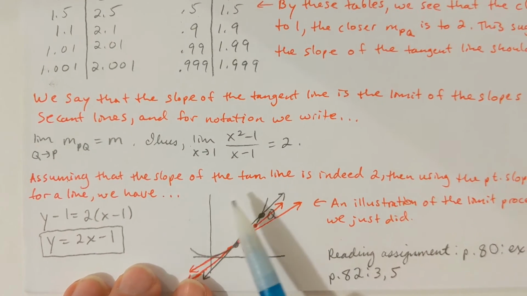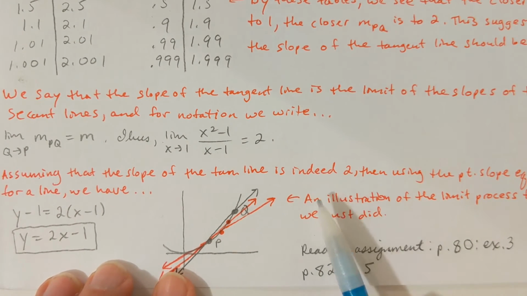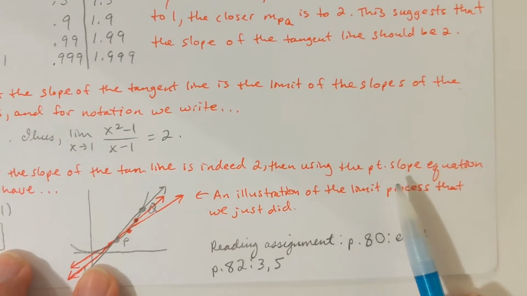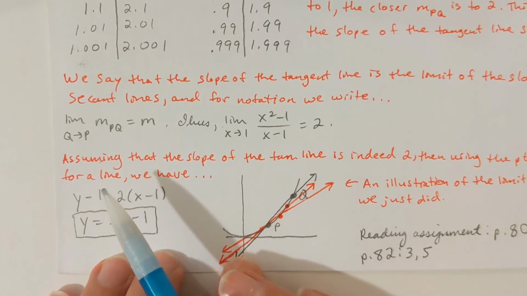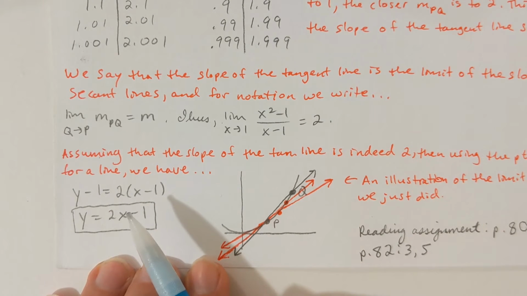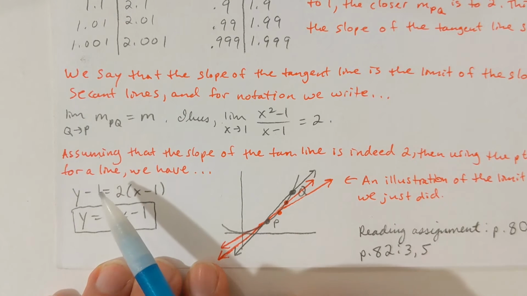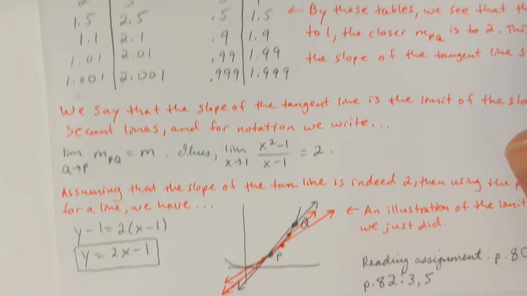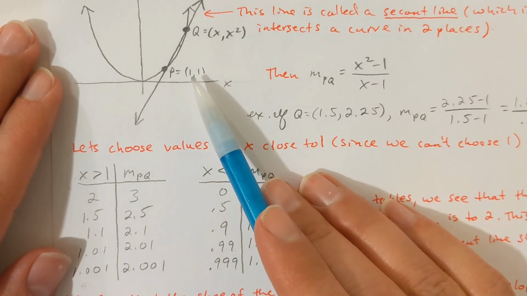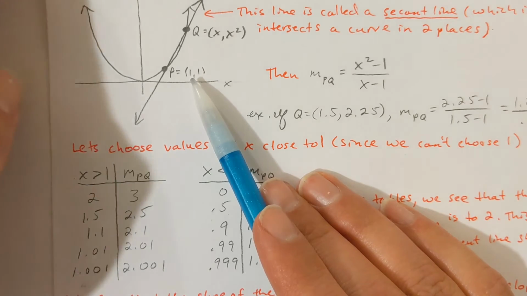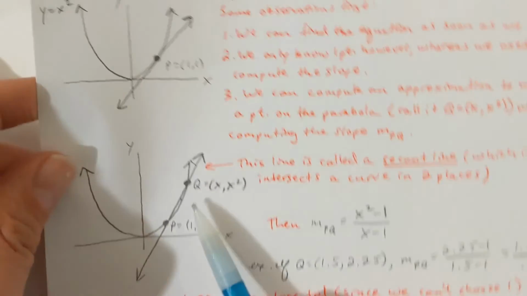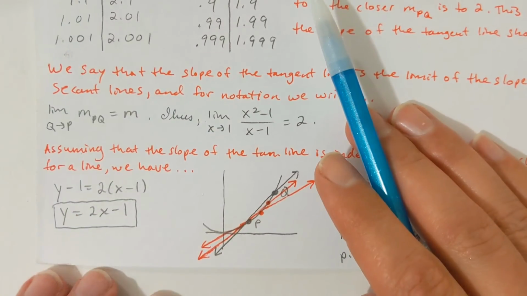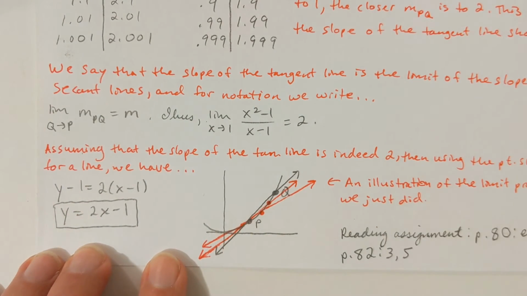Assuming that the slope of the tangent line is 2, because that's just a guess, then using the point-slope equation for a line, we're going to have this equation here. So y minus y1 equals the slope times x minus x1. Now, point P is on this line, the tangent line. And so x1 is 1, y1 is 1.